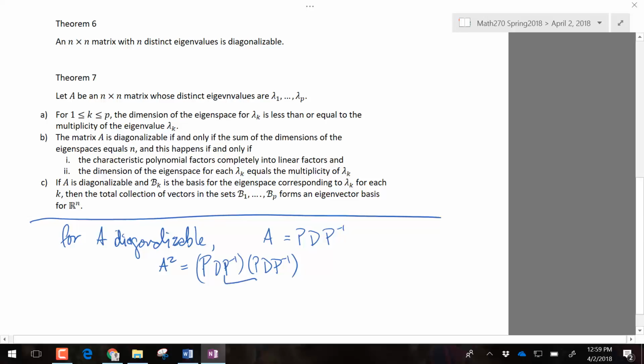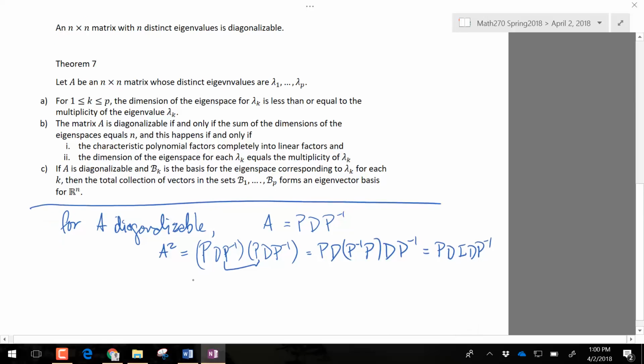So if we regroup the two middle terms, the P inverse times P is just the identity. To be really formal about this, we would write P D (P inverse P) D P inverse, put that in parentheses, and that would be the identity. And then the identity is just itself, so it'll just be D squared in the middle.